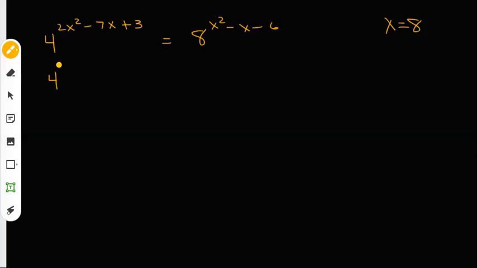So I get 4 to the 2 times 8 squared minus 7 times 8 plus 3. On the other side, I get 8 to the 8 squared minus 8 minus 6.